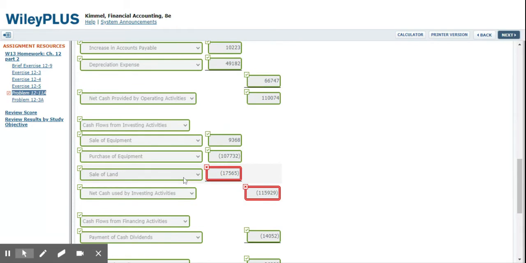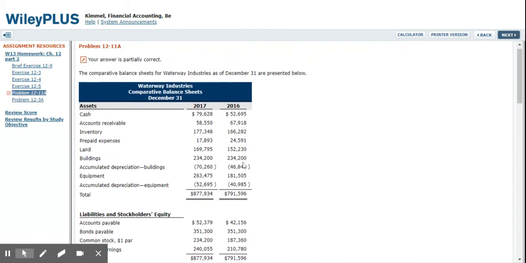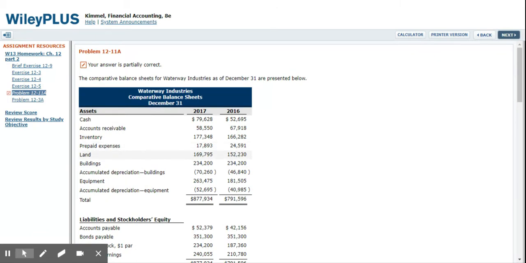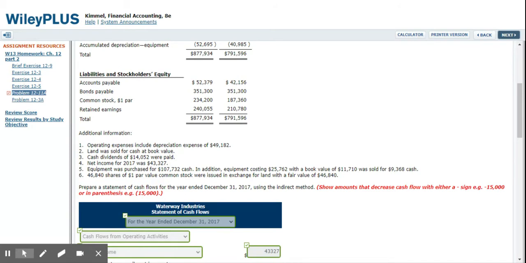This one was confusing for me, and so I'll let you guys know how to do it. How this works is you're going to take the 2016 value of land, and you're going to add that to bullet number 6, where it says that stock was issued in exchange for land with a fair value of 46,840.